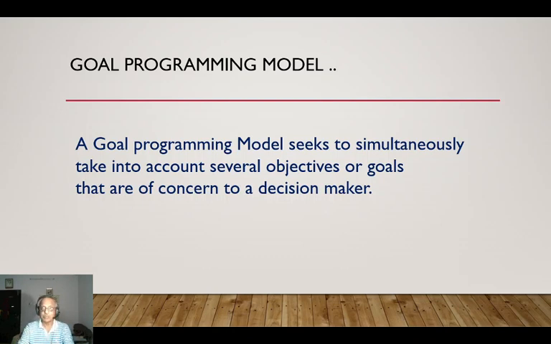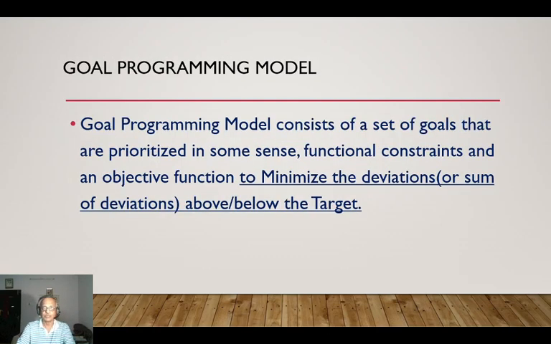You must remember that we will have to take all the objectives simultaneously and work out a solution. In the process, you might achieve some goals and you might miss some goals. In some goals, you might underachieve, and in some goals, you might overachieve.